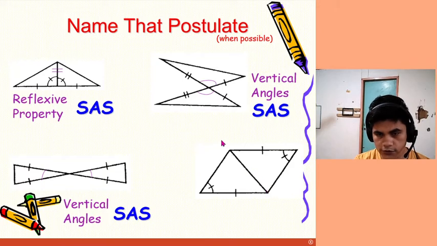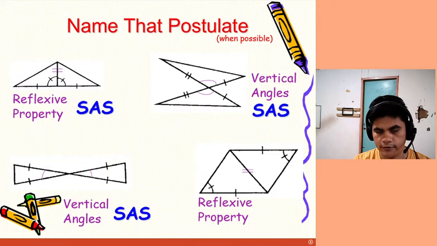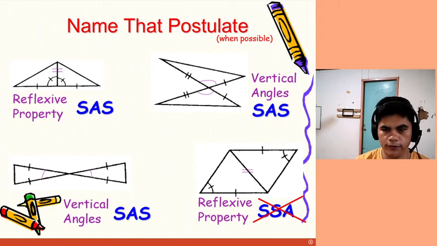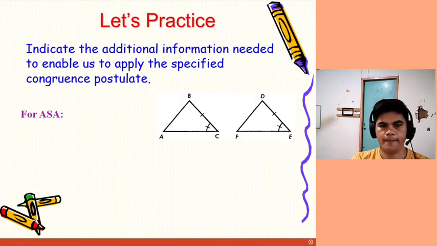Common side, so side, then side, common side, then side, then angle. Do we have an SSA property? By reflexive, no, we don't have SSA. We have SAS, we have ASA, but no SSA. So we cannot prove that they are congruent.